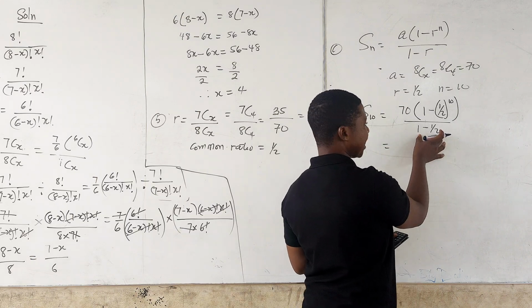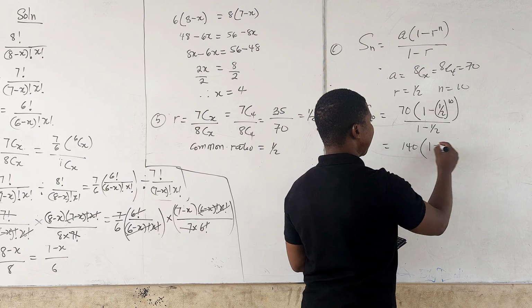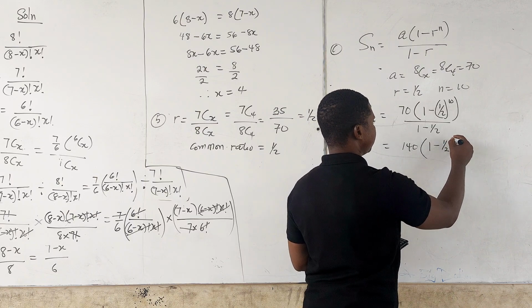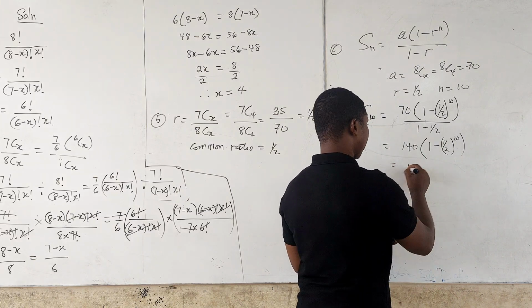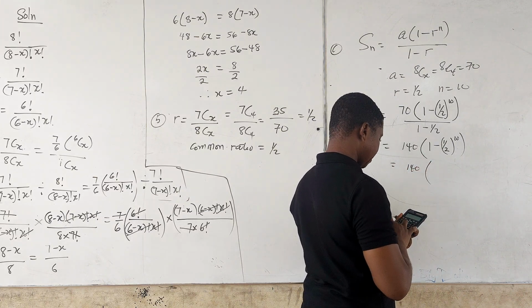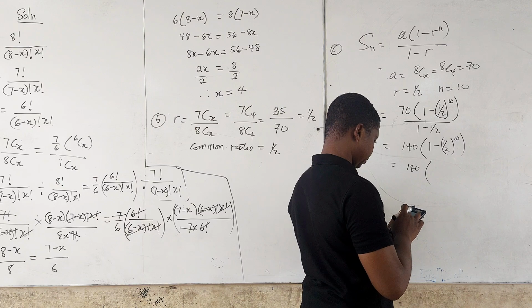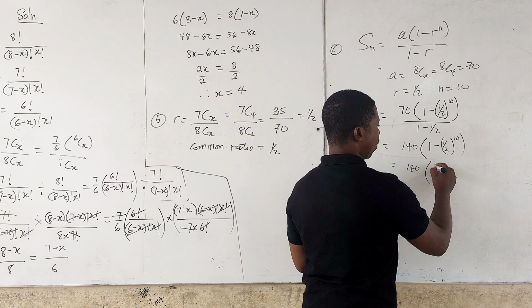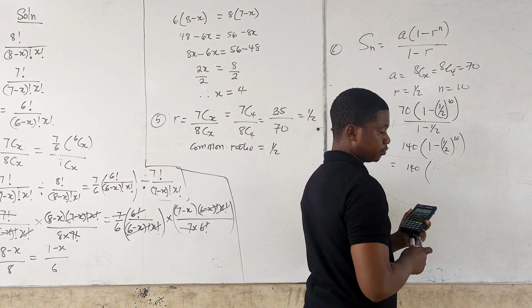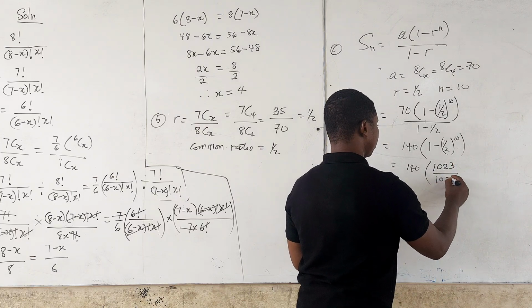So with this, you are going to get half at the denominator, so you have 140 multiplying 1 minus half to the power 10. This one will give you 1023 over 1024.